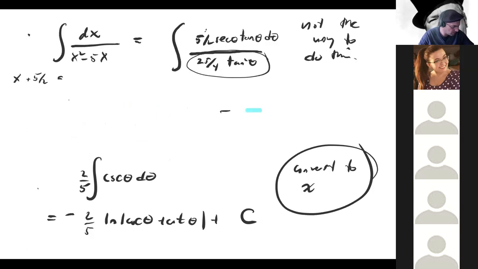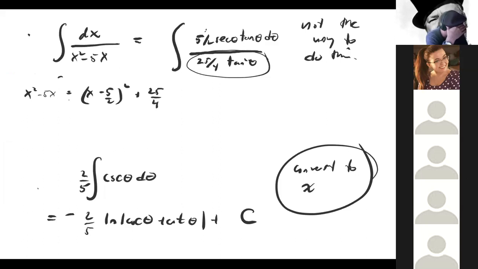And let's recall what I did. So I completed the square. I wrote x squared minus 5x is equal to x minus 5 halves squared plus 25 quarters. And then this is like an a squared plus x squared type substitution.